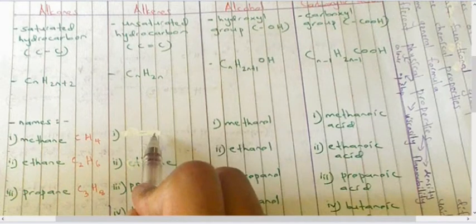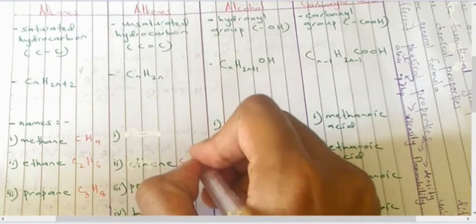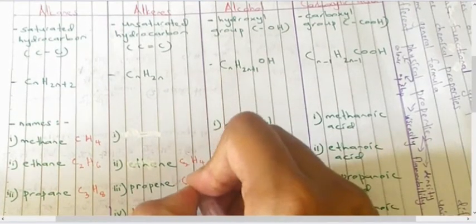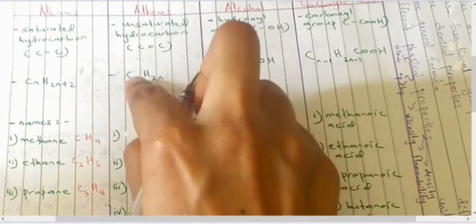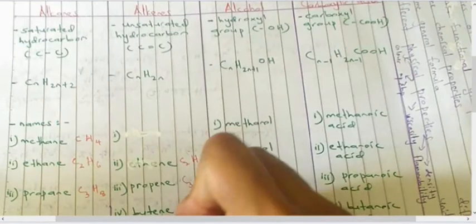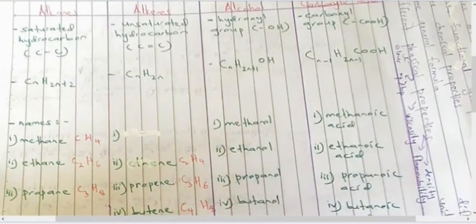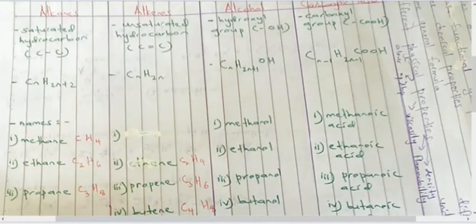Here we have C2H4. For propene, we have C3H6, so you just substitute n as 3. And butene is C4, 2 times 4 becomes 8, C4H8. That's their molecular formula. Similarly, you can do it for the rest.